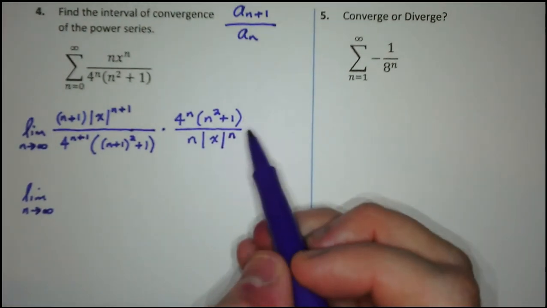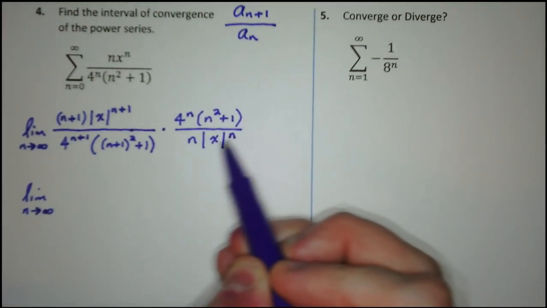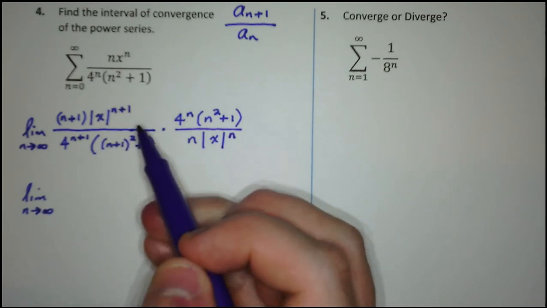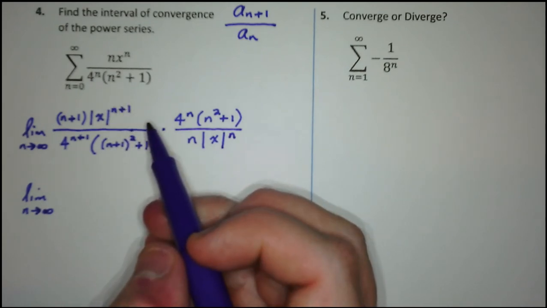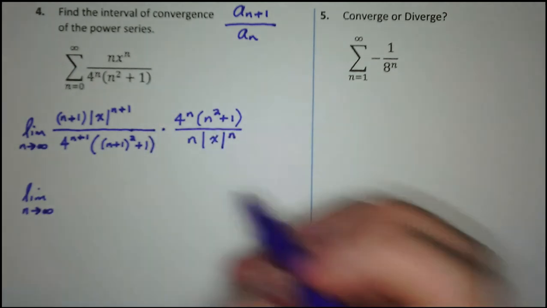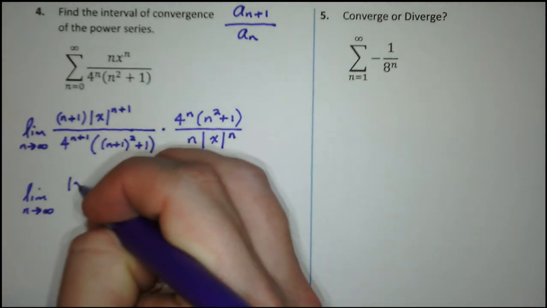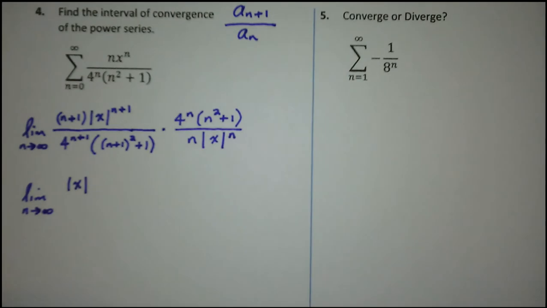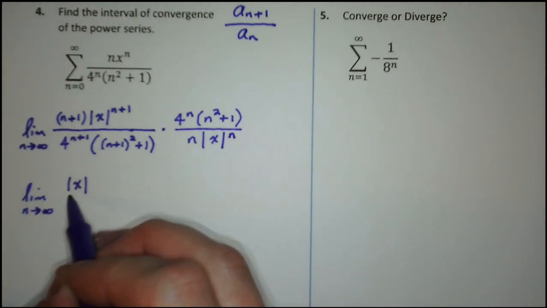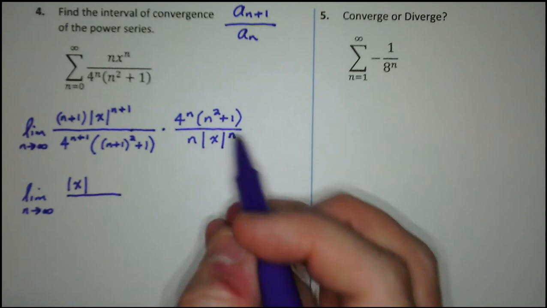So when you cancel absolute value of x to the n with absolute value of x to the n plus 1, we're going to have just the absolute value of x on the bottom.